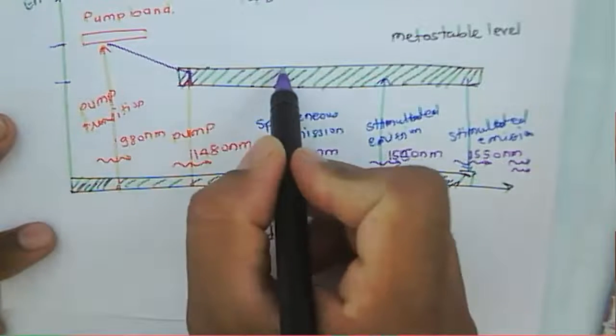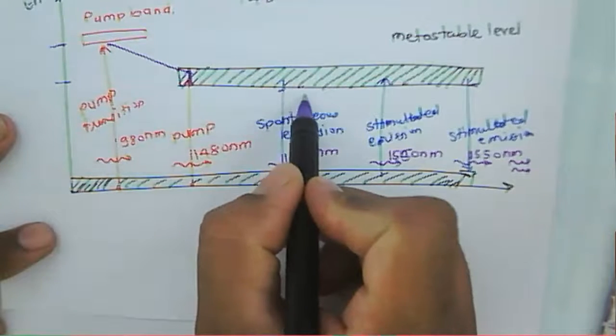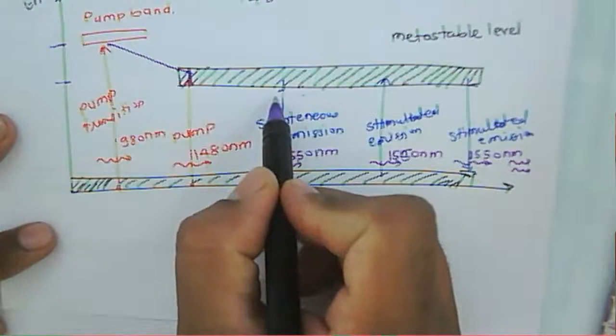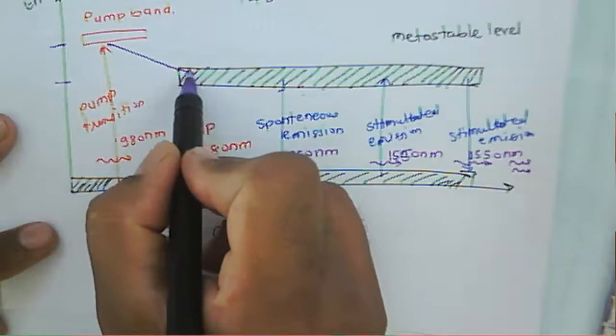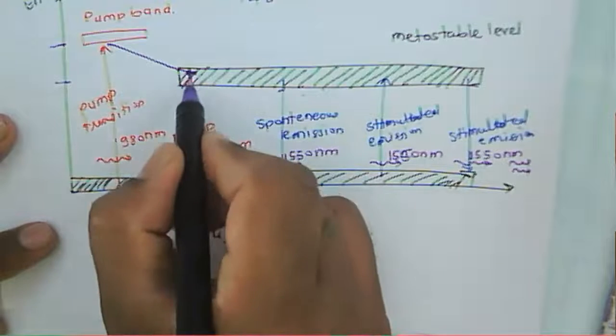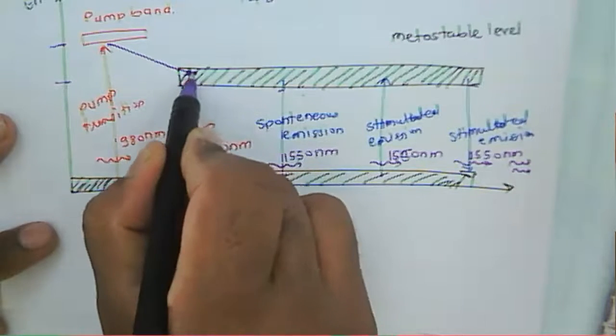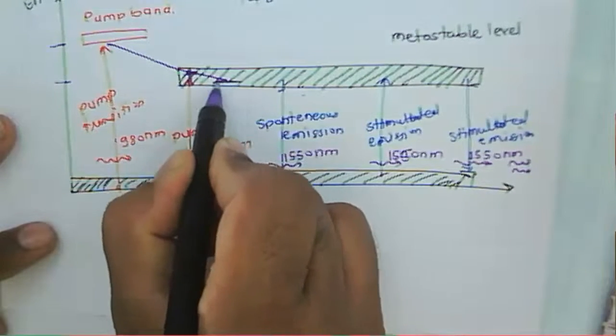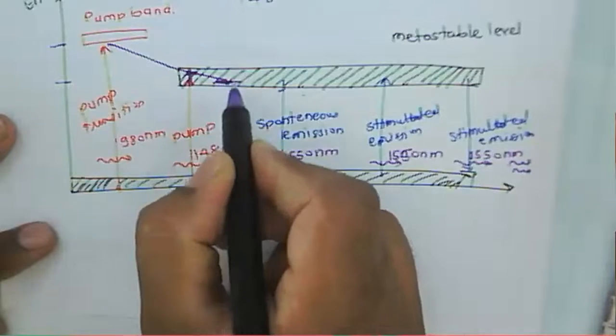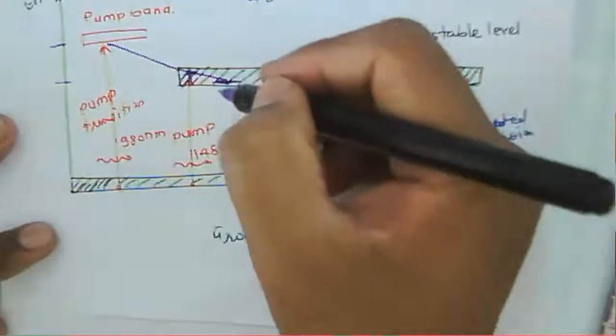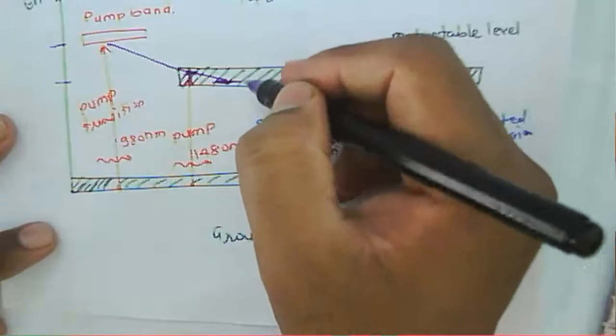This is the upper metastable state, and this is the lower end of this metastable state. So at this particular transition, if the electron reaches here, then it will go down to this lower band. Likewise, they will reach this lower band of the metastable state.